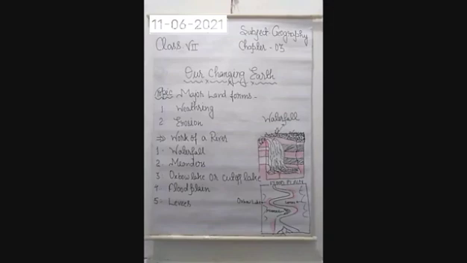And when the broken rocks or small particles are taken by the river or air, they are deposited somewhere by these agents of transportation. So this deposition is also responsible for the formation of different types of landforms.